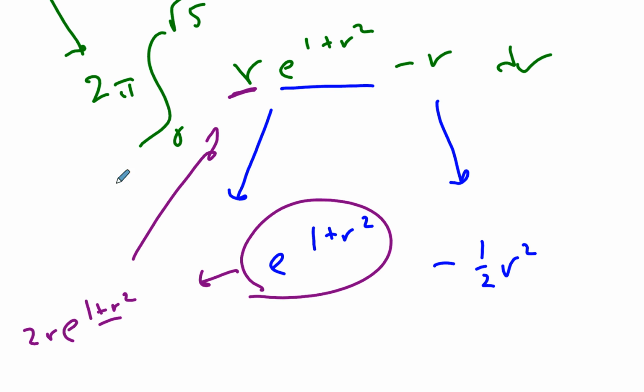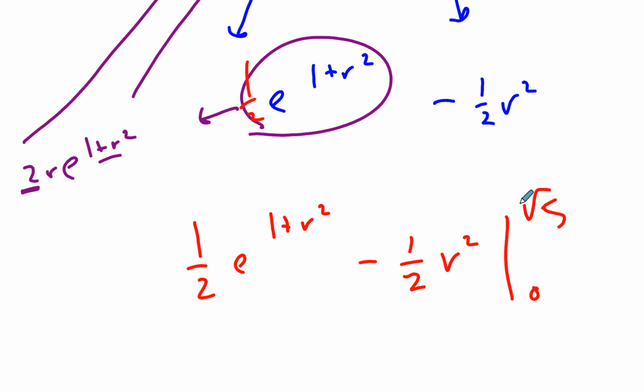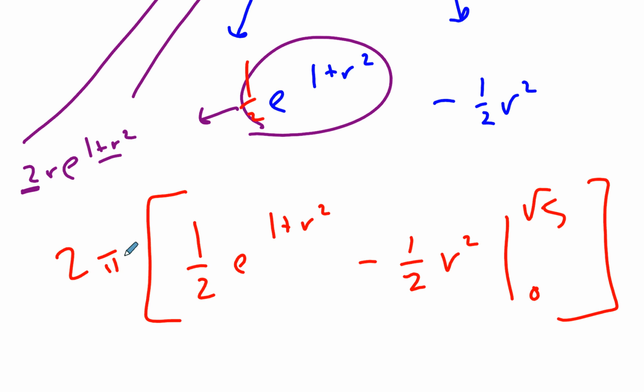So there should have been a 2 here to match this perfectly, right? And it's missing. So what does that mean? Well, it means that there must have been a 1/2 in front of this. So our antiderivative is really 1/2 e to the 1 plus r squared minus 1/2 r squared. And we're going to evaluate this from 0 to root 5. And when we're all done, we have to multiply by that 2 pi. Can't forget about that constant.